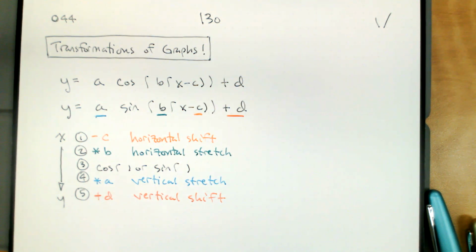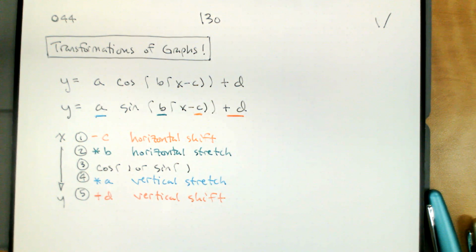The rest are just modifications to that. So subtracting c and multiplying by b, those are things that happen before the trig function. They're changes to the input of the function cosine or sine. After cosine or sine happens, we multiply by a and we add d. These are changes to the output of the trig function.